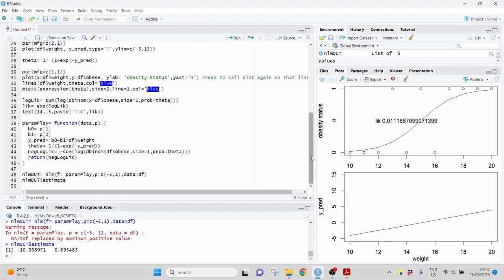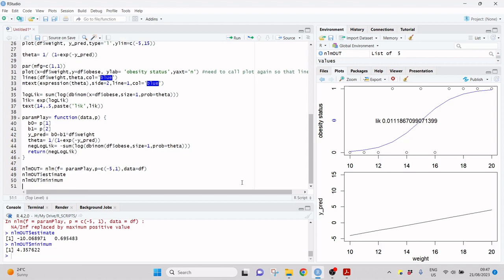We can also ask, what is your negative log likelihood in the best possible case that you found? So we can say NLM out minimum. Negative log likelihood is not that helpful for us, so I'll call this neg log likelihood.